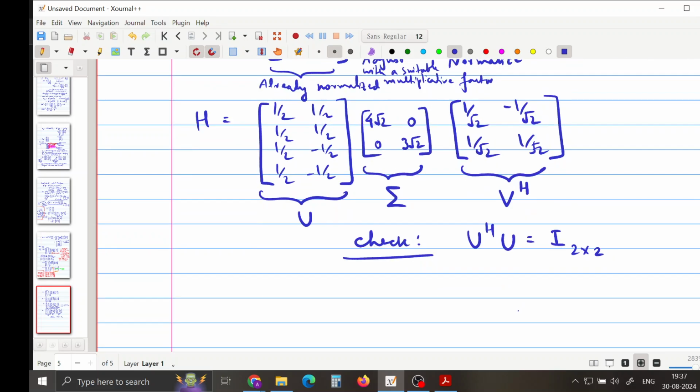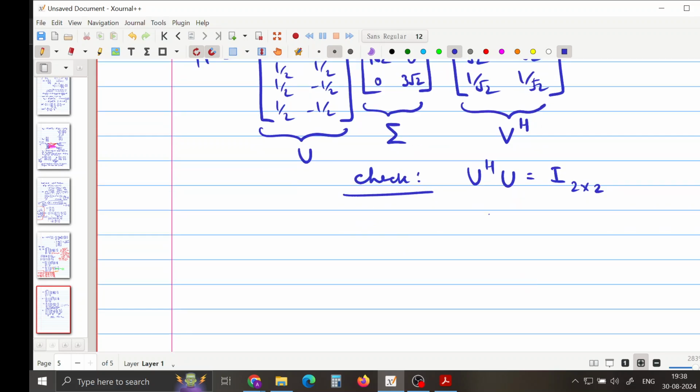Remember U is M cross n, so n is 2 here, so this identity must be n cross n, so it is 2 cross 2. And V Hermitian V is also a 2 cross 2 identity, right?